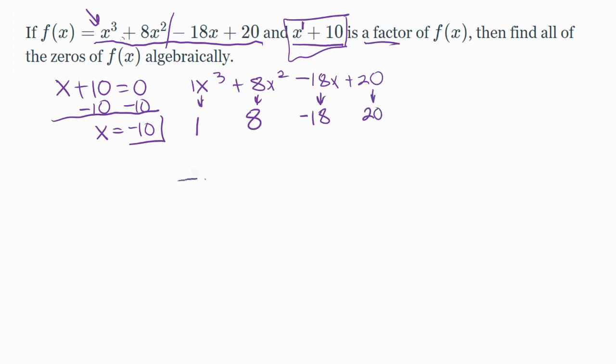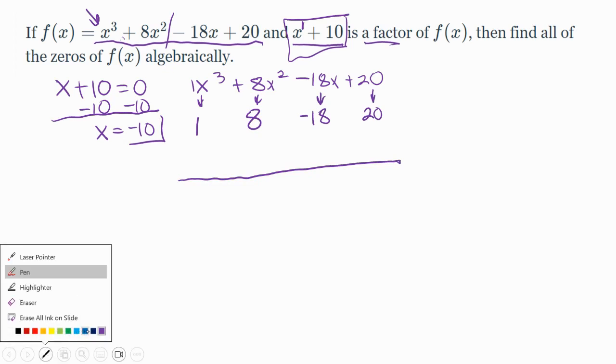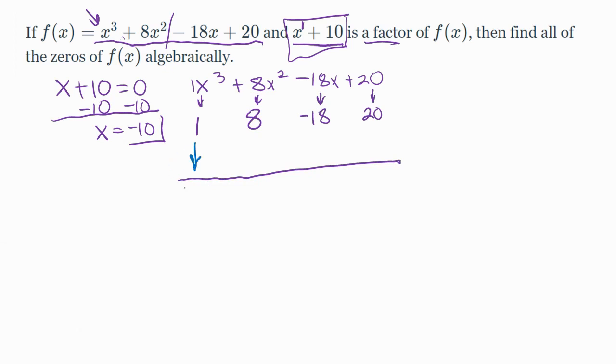Give yourself a little math space for a math bar. The math space is for our numbers. The first one, of course, comes down, 1. And then we're always multiplying that number in the box and putting the result over here. So we've got negative 10. 1 times negative 10 is negative 10. We add vertically with the number above it, and that gives us a negative 2.